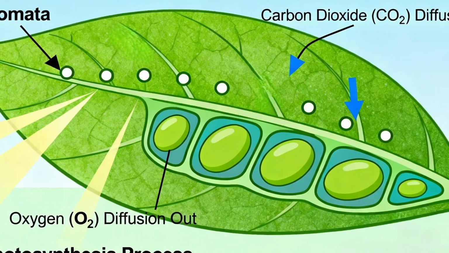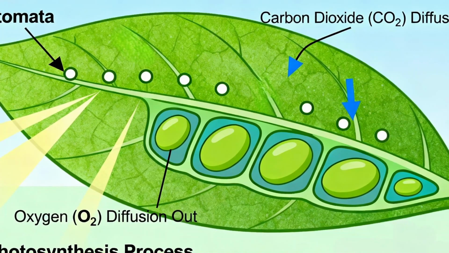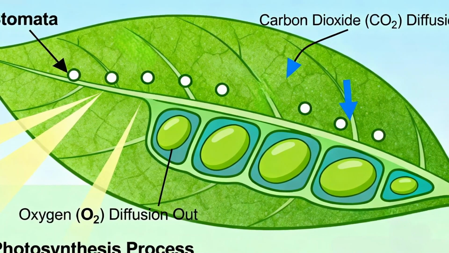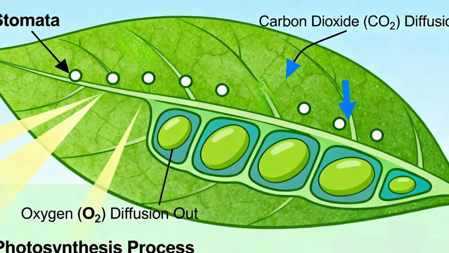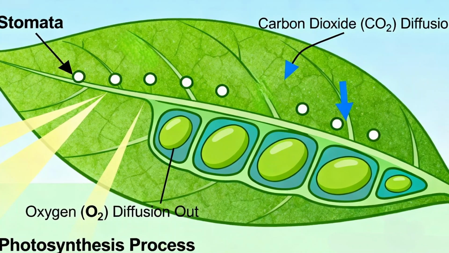Now let's look at the importance of diffusion in plants. One importance of diffusion in plants is the movement of carbon dioxide from the atmosphere into the plants through the stomata of the leaves during what? During photosynthesis. You know that during photosynthesis, plants make use of carbon dioxide from the atmosphere to manufacture their food.